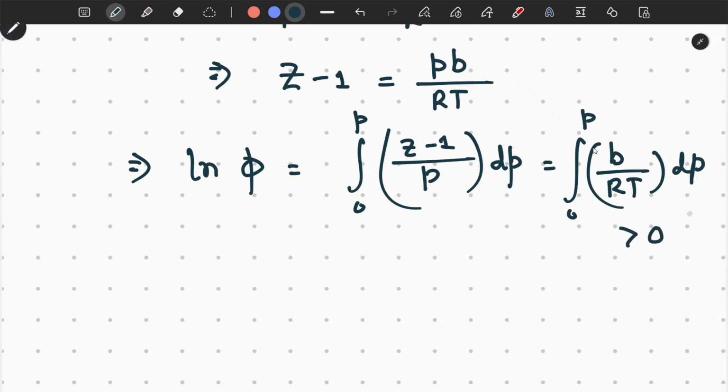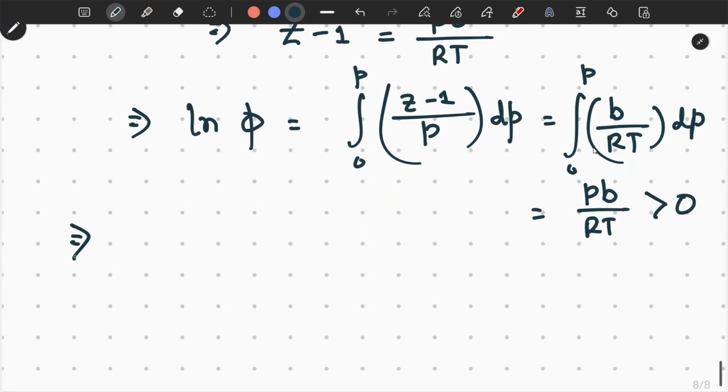Or you can write it even. What will be the case? B is there, so it will be BP by RT. Eventually this should be P prime.